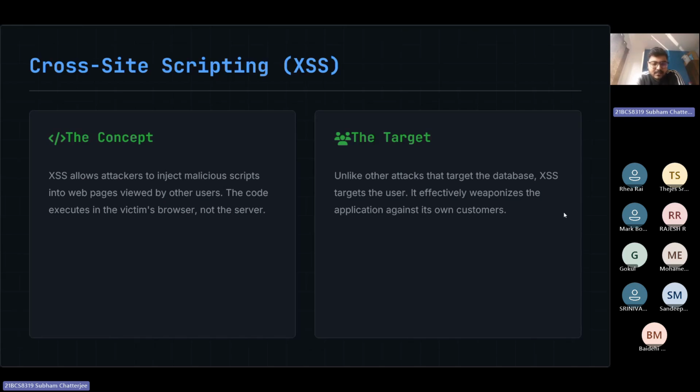In such cases, the code executes in the victim's browser, not the server. There might be some cases like DOM XSS, and some stored XSS that actually go to the server. So these things happen. Then the target: unlike other attacks that target the database, SQL injection attacks the database, XSS tries to target the user.